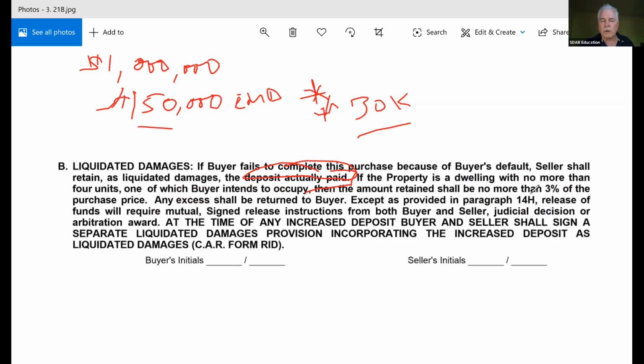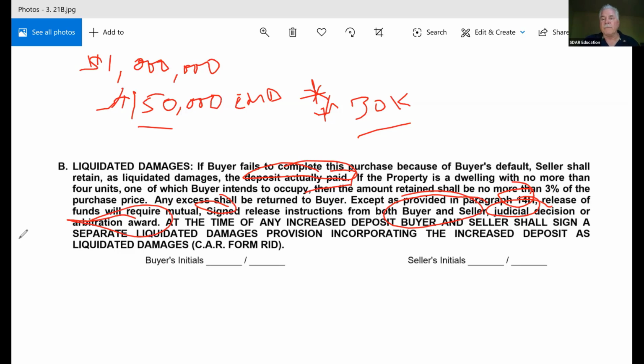Except as provided in 14H, release of the funds will require mutual signed release instructions from both the buyer and the seller, or judicial decision, the judge, or an arbitrator's award, okay, arbitration award, okay?